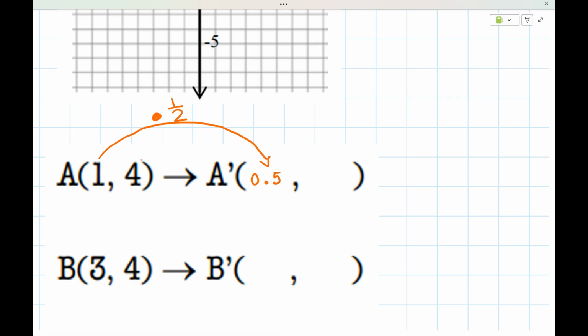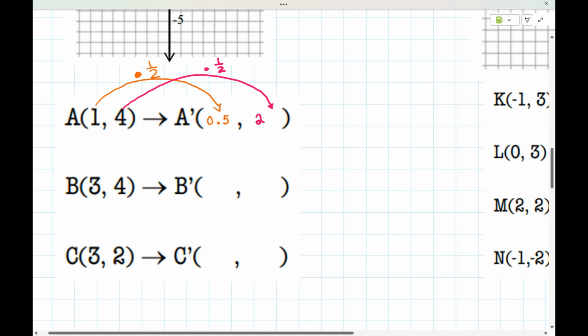If I multiply 1 times 1/2, that gives me 0.5 or 1/2. If I take 1/2 of 4, then I get 2.